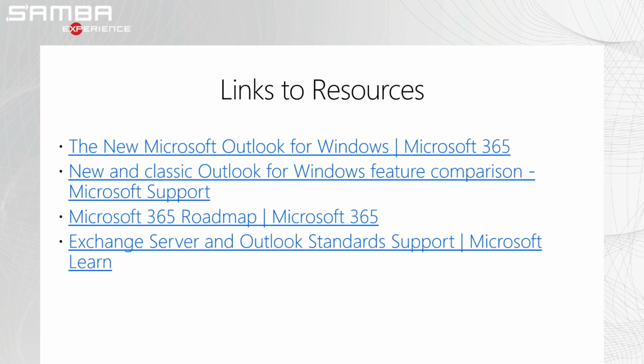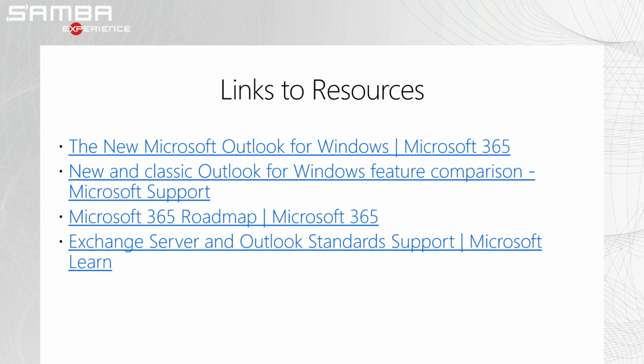I used this article a lot when I prepared for this presentation, and this article is live. It is changing constantly when new features are implemented, when new decisions are made. So this is a place to see how things are changing in new Outlook.